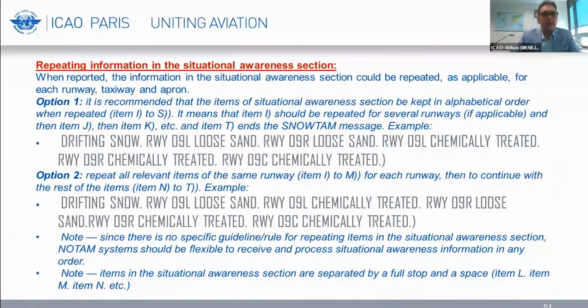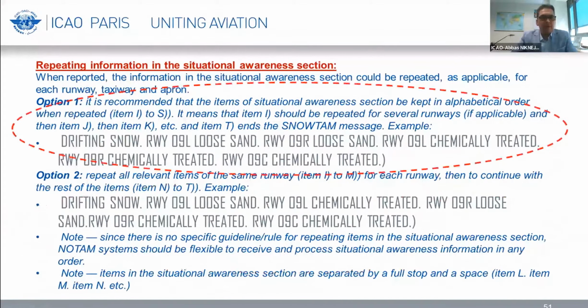Repeating information in the situational awareness section. If you have, for instance, a snowbank on different runways or on several taxiways, how should this be repeated? The most favorable option is that you go by alphabetical order of items.